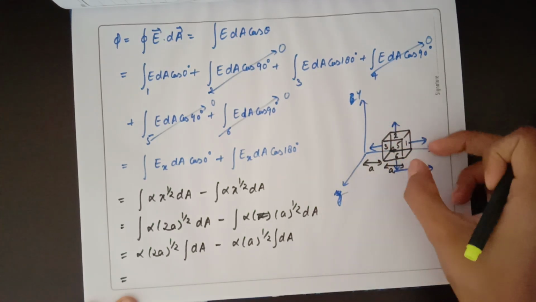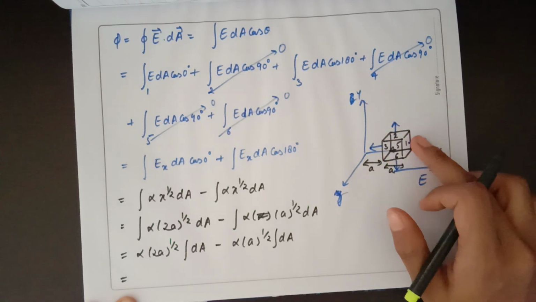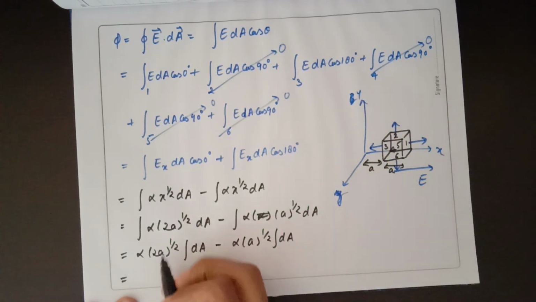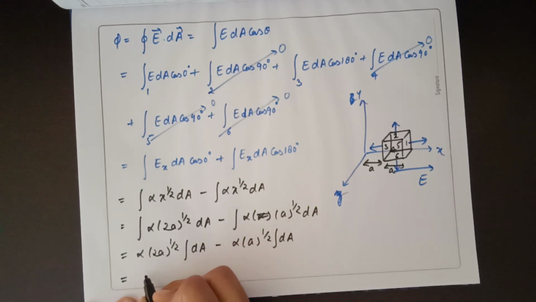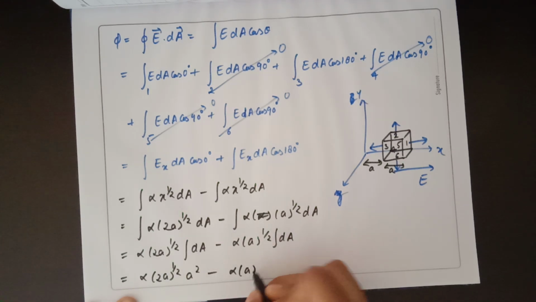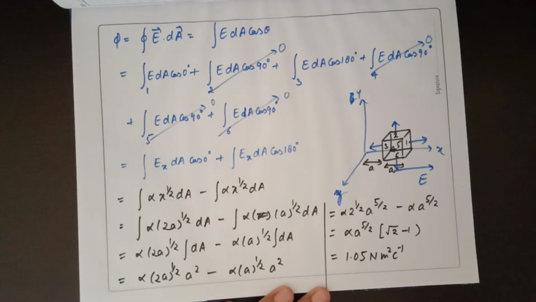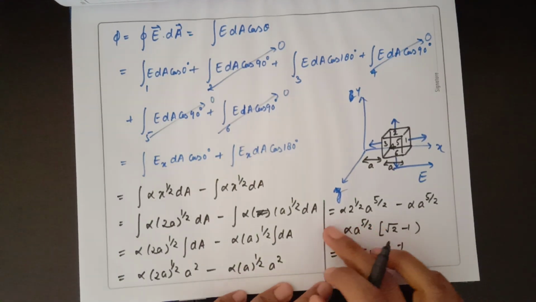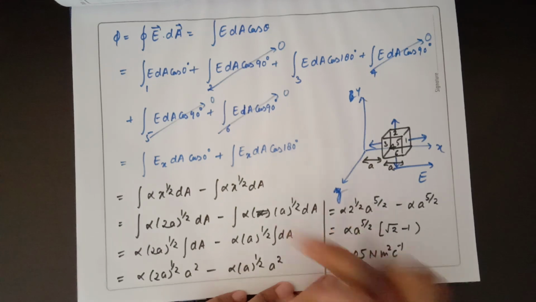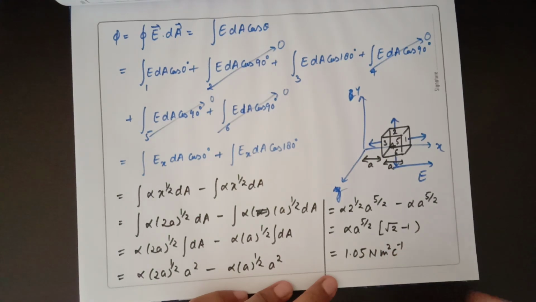As you can see, the cube is of side a, so the area of each surface will be a square. So I will put a square in the place of dA. It will give me alpha times 2a raised to power half a square minus alpha a raised to power half a square. So after putting in all the values, it gives us the answer: phi is equal to 1.05 newton meter square per coulomb.